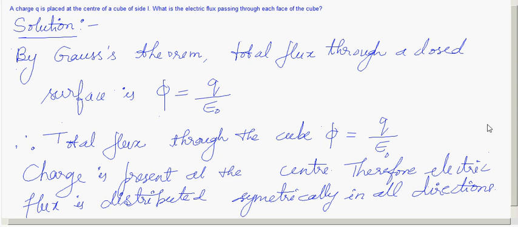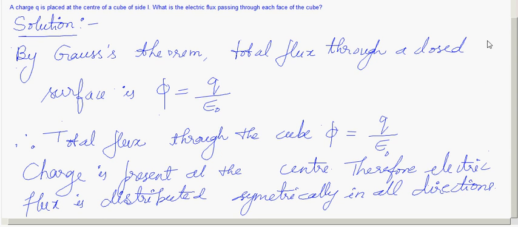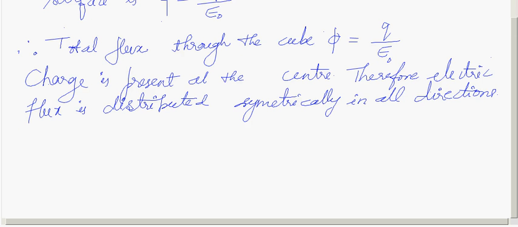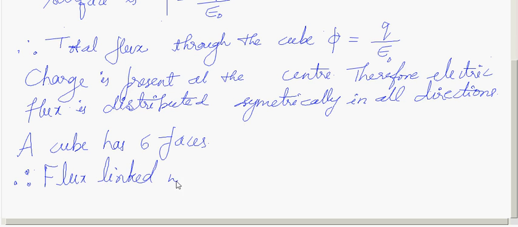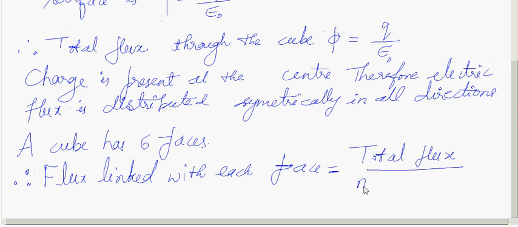And because we know cube has 6 faces, flux linked with each face is total flux divided by number of faces, phi by 6.